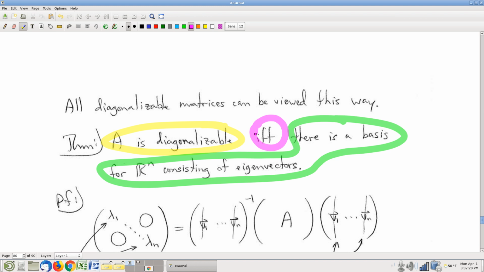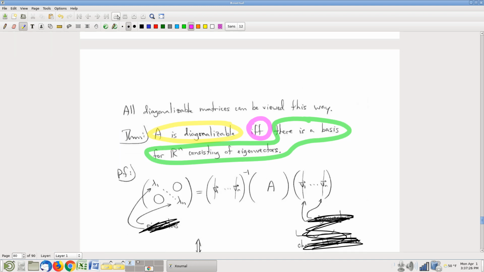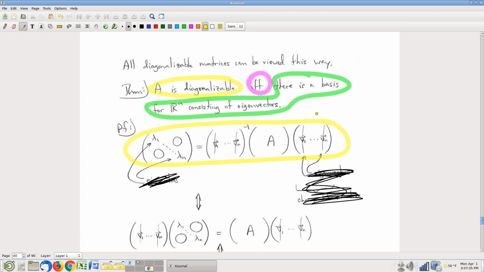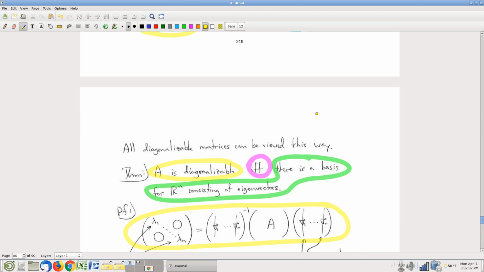All right. This is actually a really straightforward proof. I just want to point out the first observation to make is that diagonalizability is exactly what this says. A is diagonalizable means that this matrix A can be conjugated by some invertible matrix.